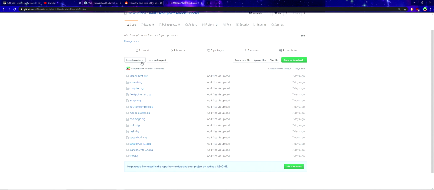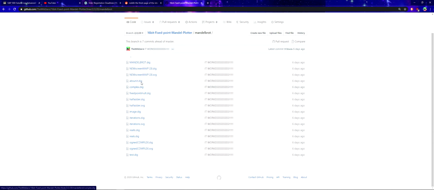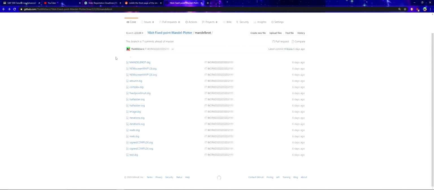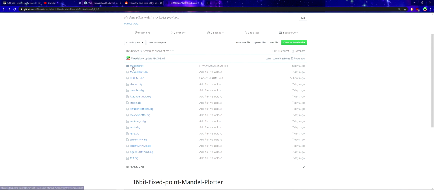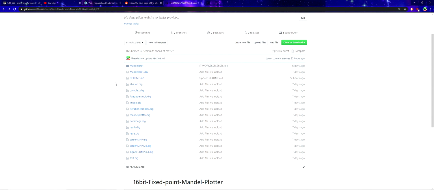I'm not really good at using this, so I always just upload a new branch with the date. Inside this folder, Mandelbrot, you'll find mandelbrot.dig, and you need everything in that folder to run this file. You just download this, open that folder, and then open that file with Digital, and it'll run.